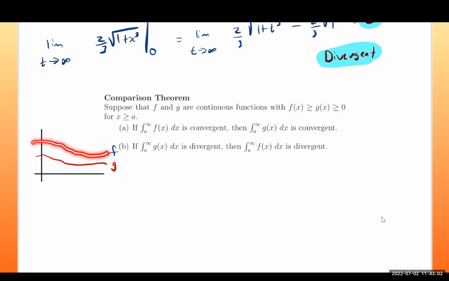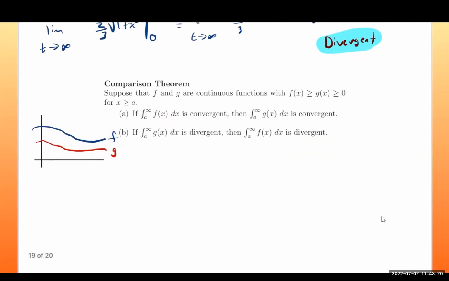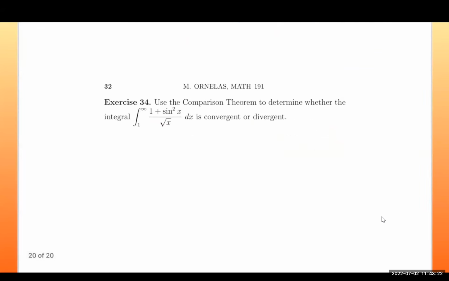So imagine that f is convergent. If the integral of this function is convergent, and it's greater than this one, then g must also converge. And vice versa, if g is divergent and it's bounded above by f, then that means f must also diverge. All right, so we're going to refer to this theorem for the next couple problems.